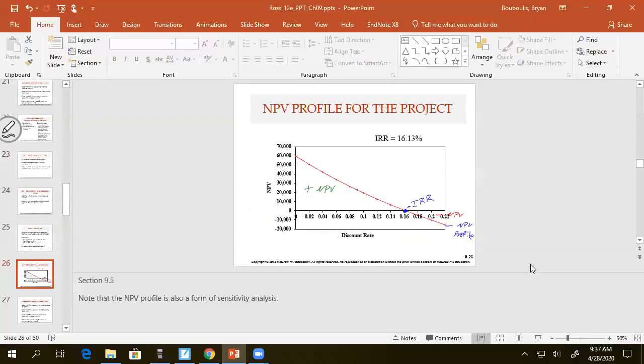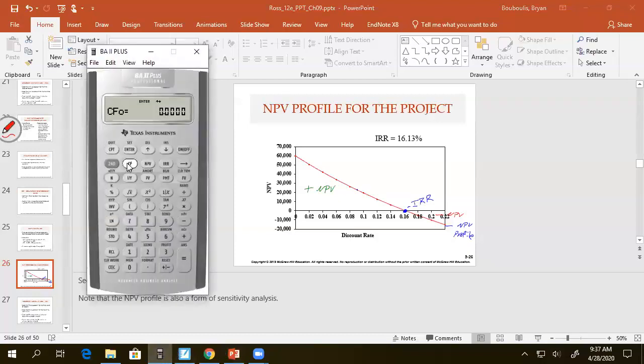Now, if we pull up our calculator and hit our cash flows, and I think I did clear all those out. Okay, if I remember right, it was 165,000 was our initial cash flow, right?